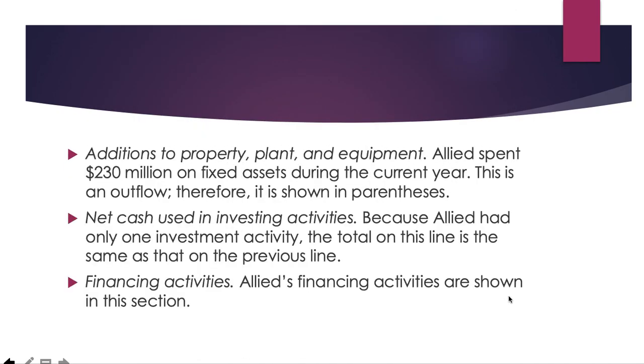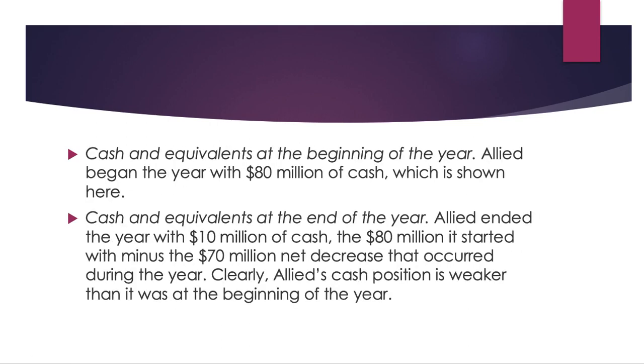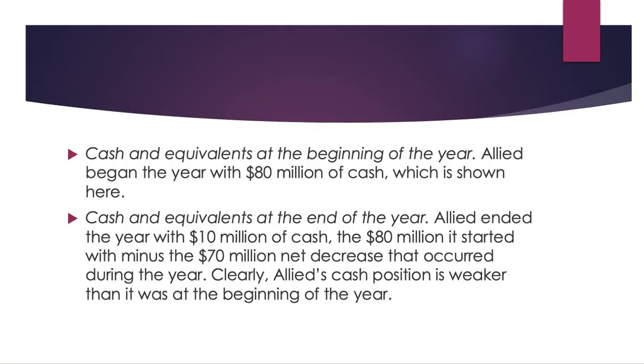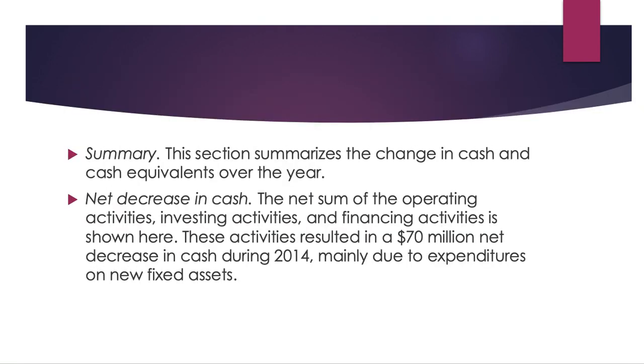And then we have the summary basically after this item. And that's going to summarize the change in cash and cash equivalent over the year. And the net sum of the operating activities, investing activities, and financing activities all together is summarized here. And in our example, this resulted in a 70 million net decrease in cash.